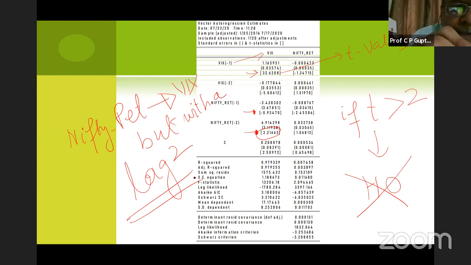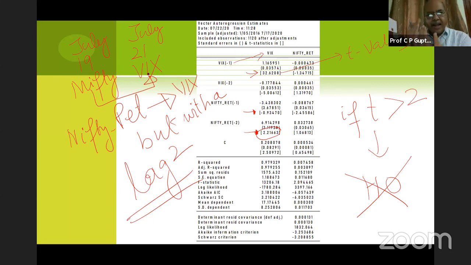That means if I take 21st July VIX, then 19th July Nifty return has an impact on 21st July VIX. So Nifty impacts volatility but with a time gap, and that time gap is 2 days lag.